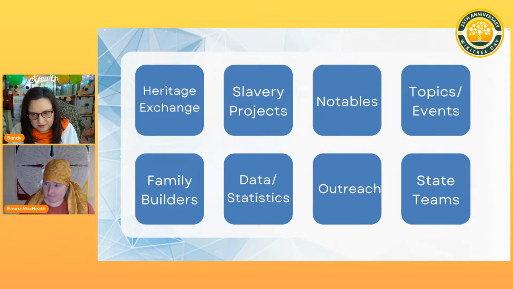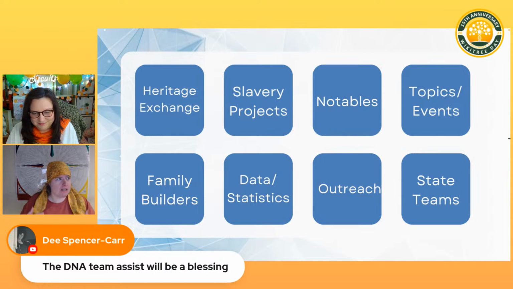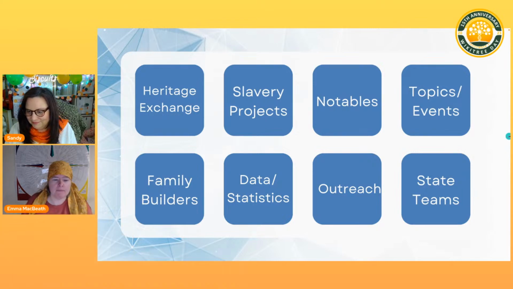So sometimes it's tough. Everybody has a life outside of WikiTree, believe it or not, we do. So the DNA team will be starting very slowly, and we're just going to do one thing. And as the project grows, and we have the capability, we'll expand on the DNA side.